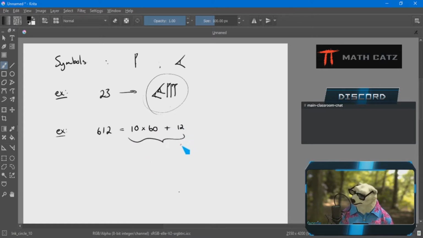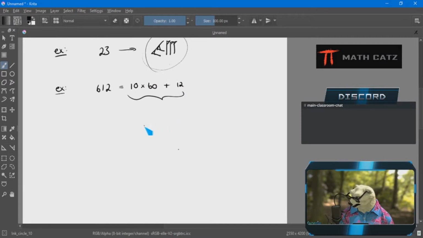And then our Babylonian representation will have 2 places for the number of 60s and for the leftovers, or the number of 1s. We'll have 10 groups of 60, 12 1s left over.